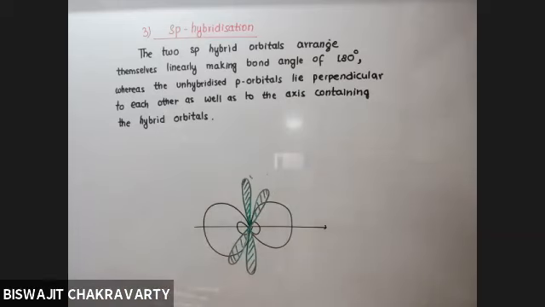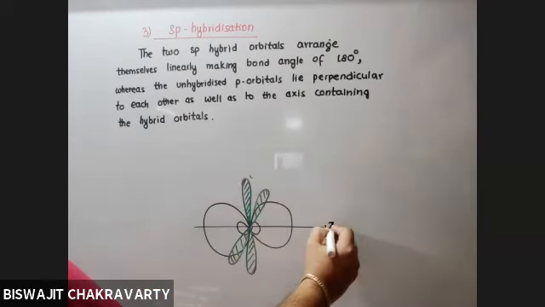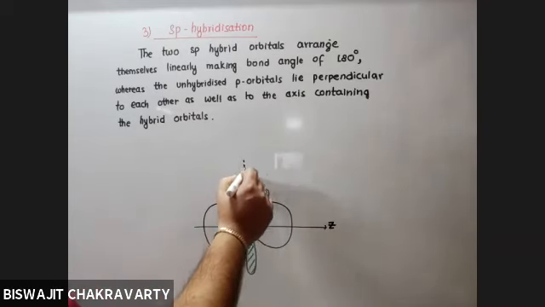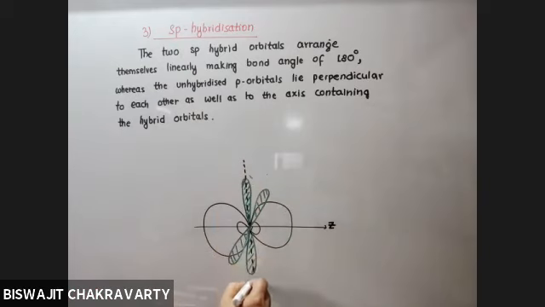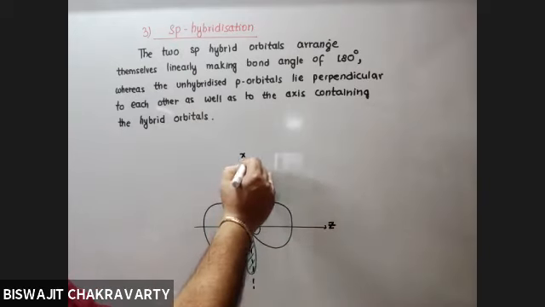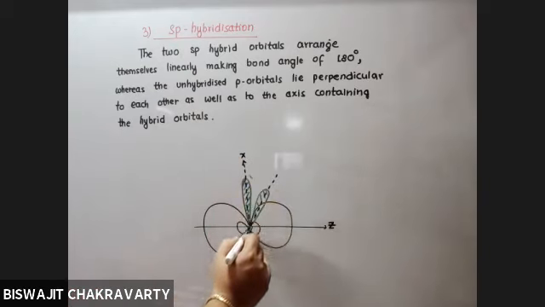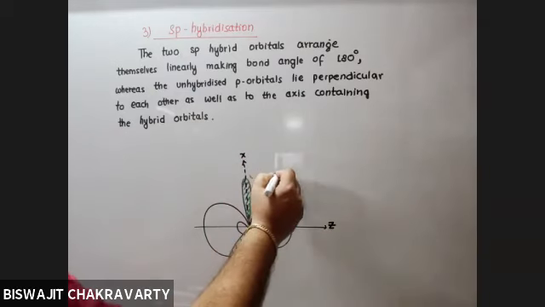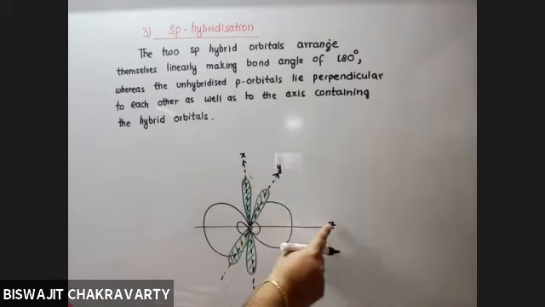So let us say that if this is the z-axis, then this will be the x-axis, and this will be the y-axis. Since hybridization occurs only in one axis, we can say it to be linear hybridization as well.